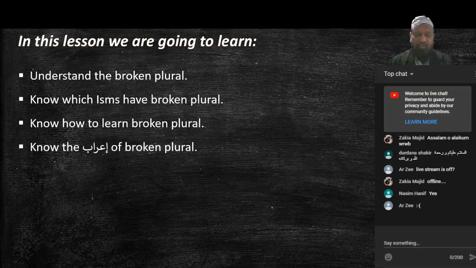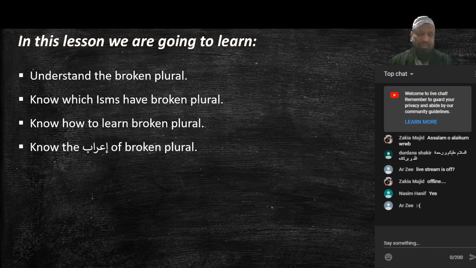Then we've learned the i'rab of al-muthanna. We said that after every ism, alif is the i'rab in marfu case, and in the mansub case with the ya before it fatha, and majrur case also with the ya before it fatha.